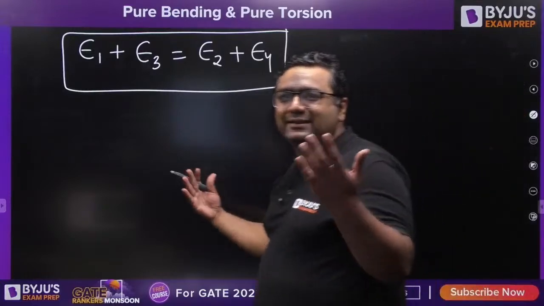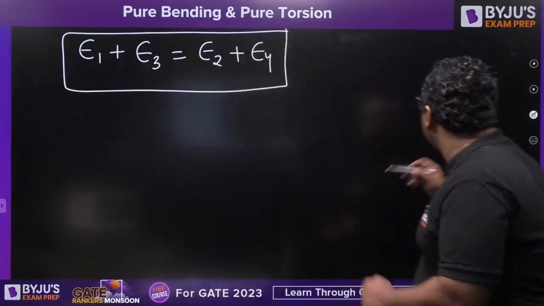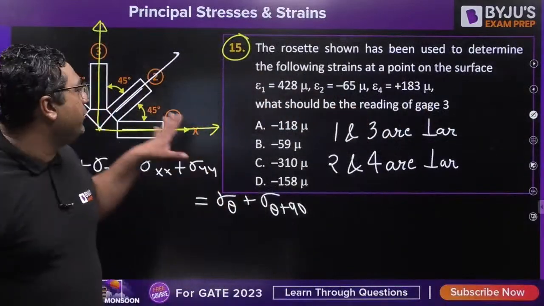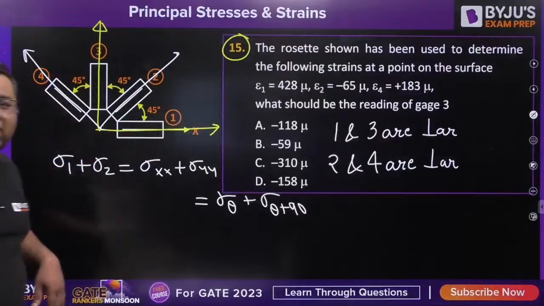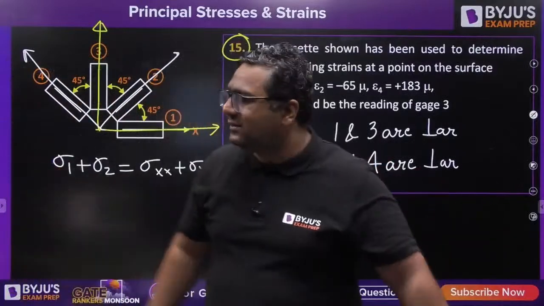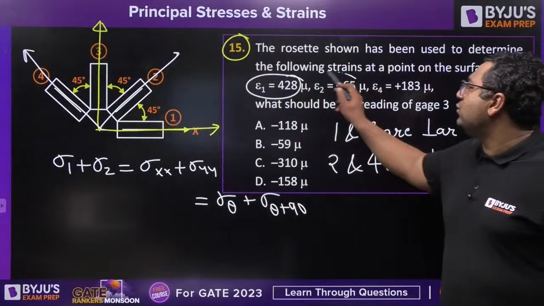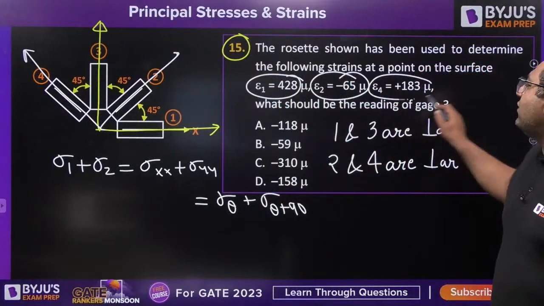What easier than this can be asked? But by looking at the figure, it seems to be a very, very difficult question. Many people would be applying the equations of theta 45 and all. No need to do that. Epsilon 1 is 428, epsilon 2 is minus 65, epsilon 3 is 183.